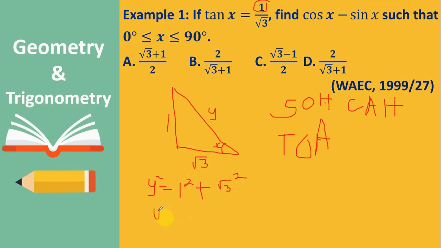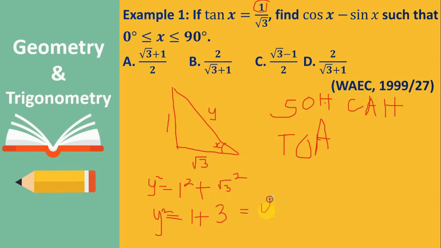When you solve this, you will see that y squared equals 1 plus 3, because the square root and the square cancel each other. So we have 3, and that is 4.